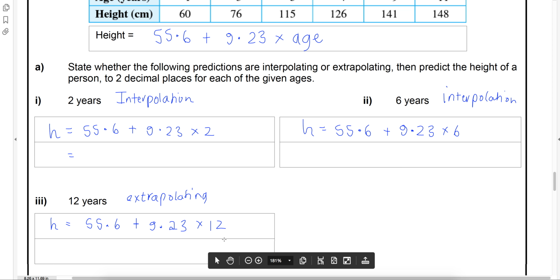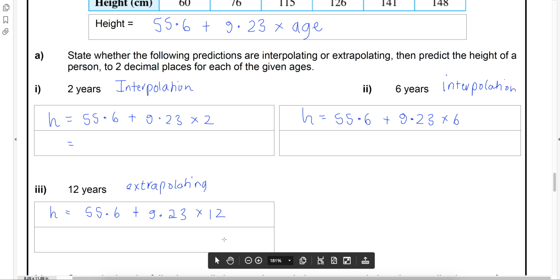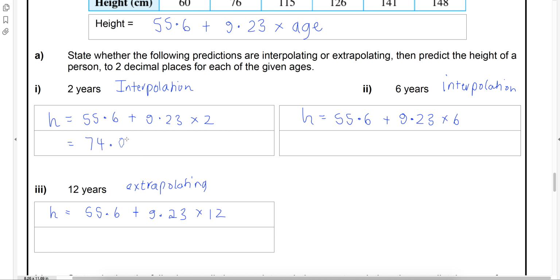So make use of the copy and paste function on your calculator, because it means you don't have to type it in over and over again. You just need to change the last number. So the first one, what do we want? 2 decimal places. So 74.06. Now that's measured in centimetres.